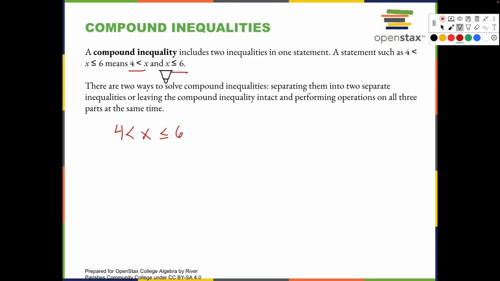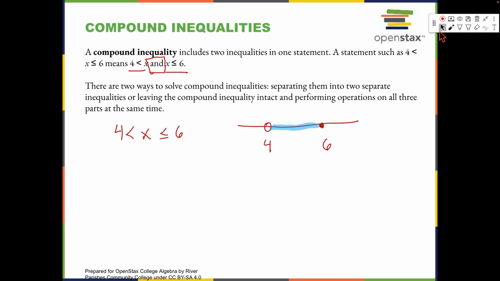So when we have the and, how can you be this and this at the same time? What this is saying, if we were to put it on a number line, here's your 4, here's your 6. To be both of them, you are between those two. At the same time, you're bigger than 4, but you're less than 6, right? This is the only way it happens.